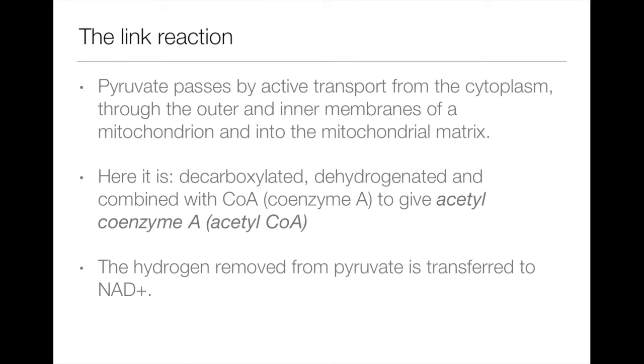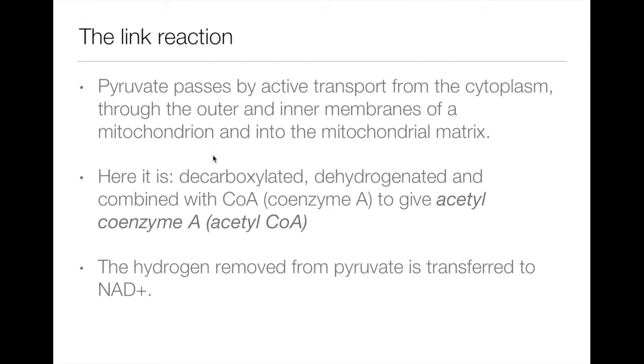Pyruvate now passes by active transport from the cytoplasm through the outer and inner membranes of the mitochondria and into the mitochondrial matrix. Here it is decarboxylated. What is that? De means I take something away. Carboxylated has the word carbon. That means that carbon dioxide is removed.